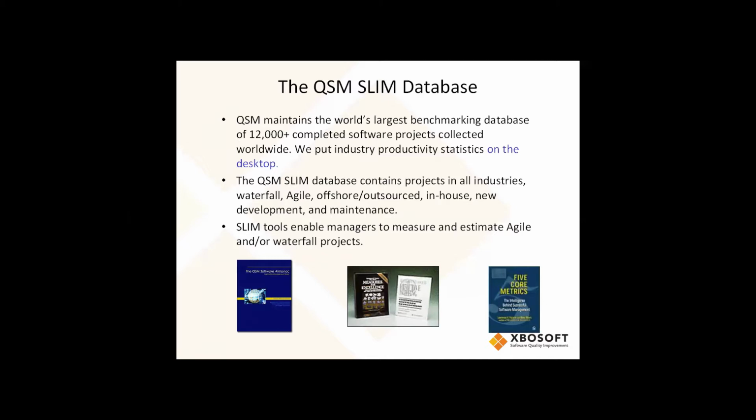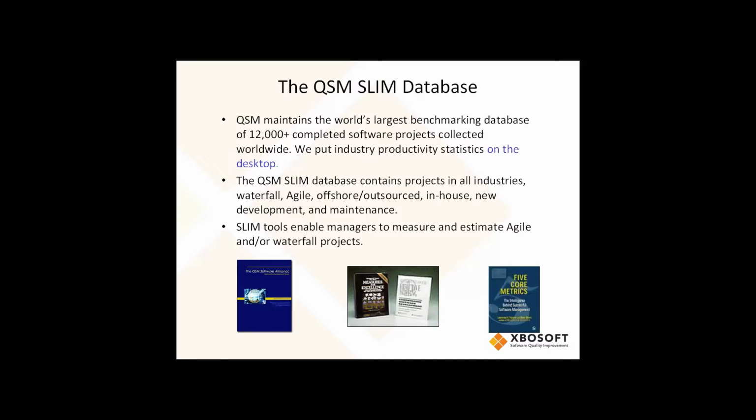A lot of our resources and research is actually embodied in a family of technologies called the SLIM tools. Some of you may have heard of our flagship estimating model, which does predictive forecasting, as well as our benchmarking database.